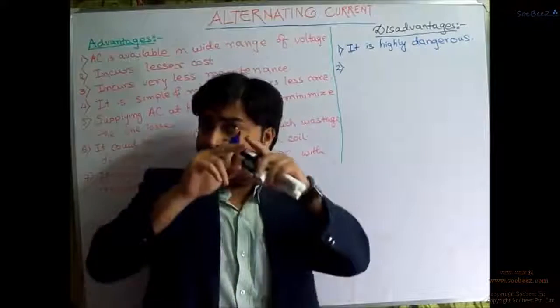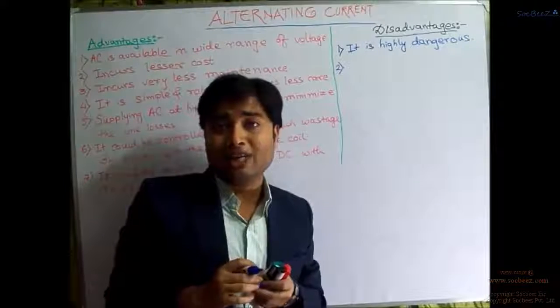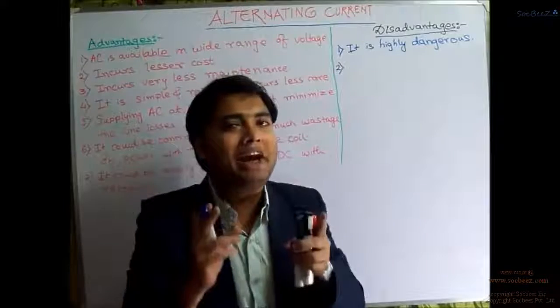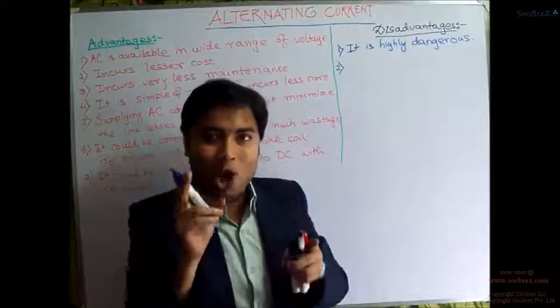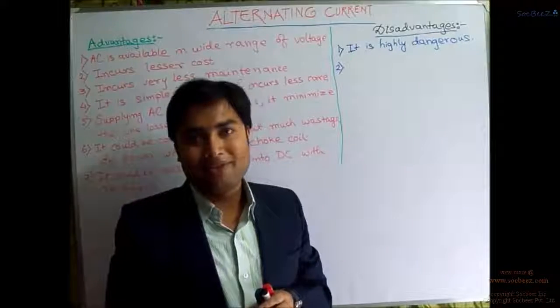So in a circuit where the power supply is an alternating current, the voltmeter will read only 70.7% of the peak value of the alternating EMF. Right?